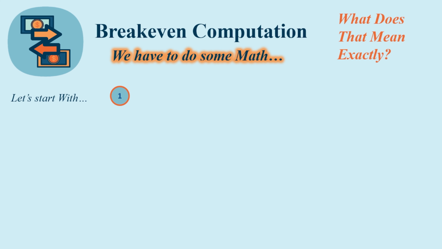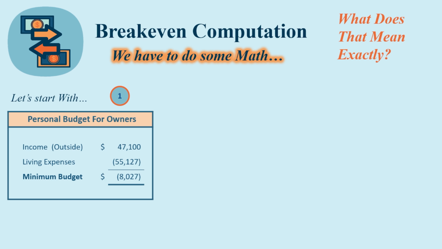Let's start with computation 1, a personal budget for owners, something we should all be familiar with. We take whatever income owners have outside of the business, maybe a part-time salary or rental income from property they own, and we subtract required living expenses to get to a minimum budget.